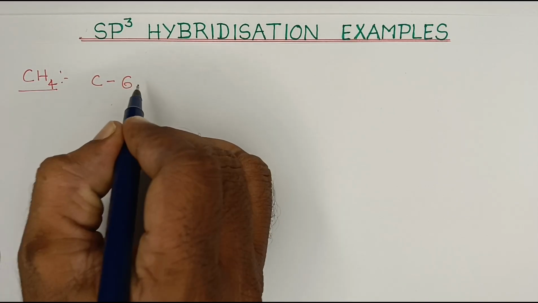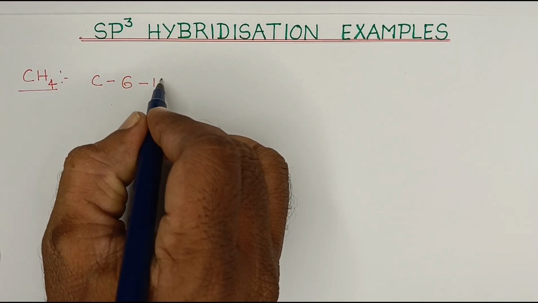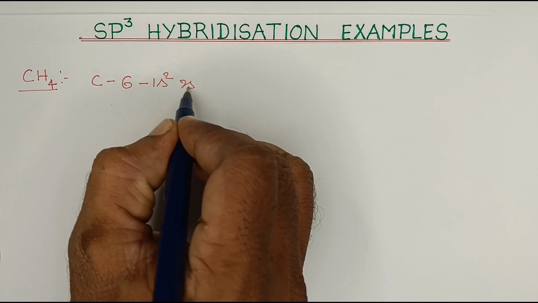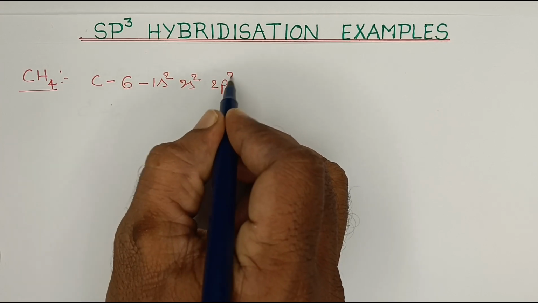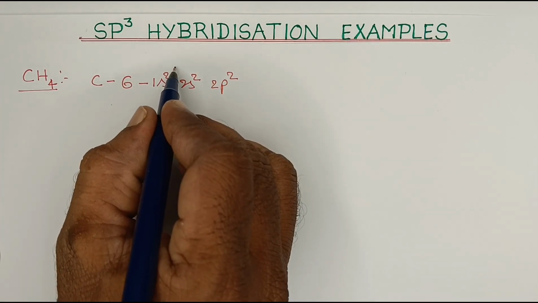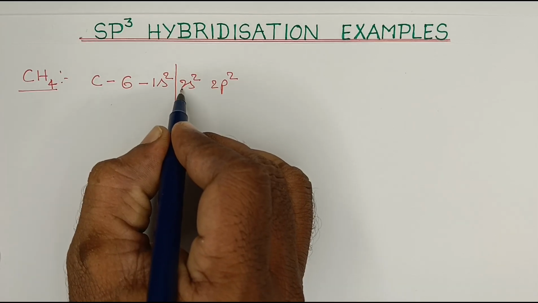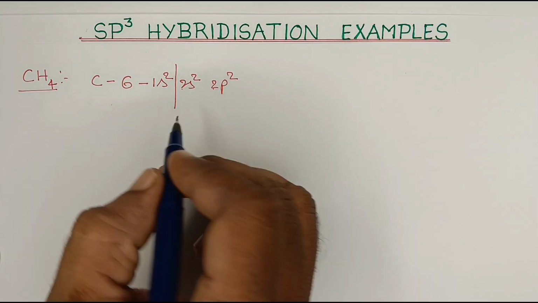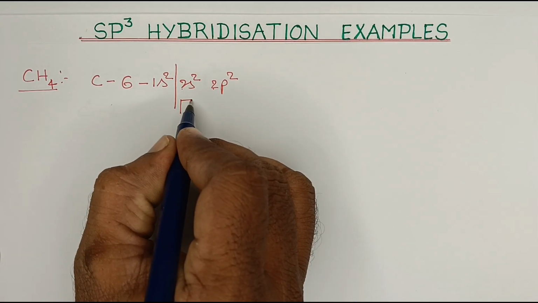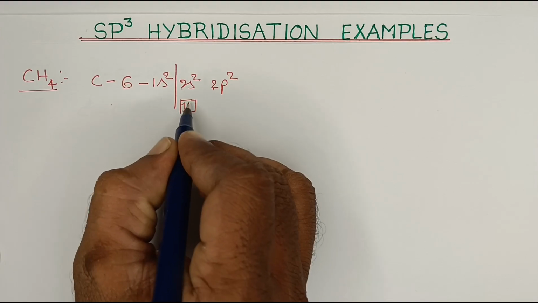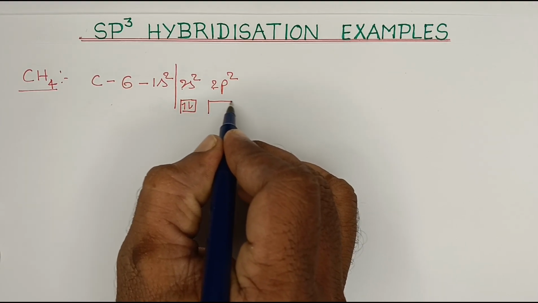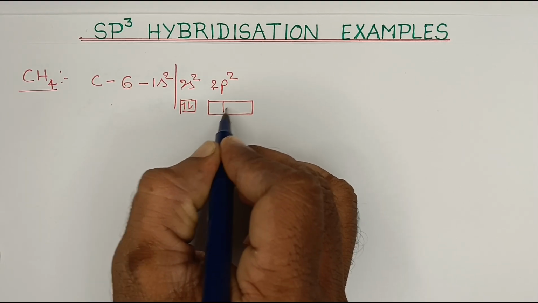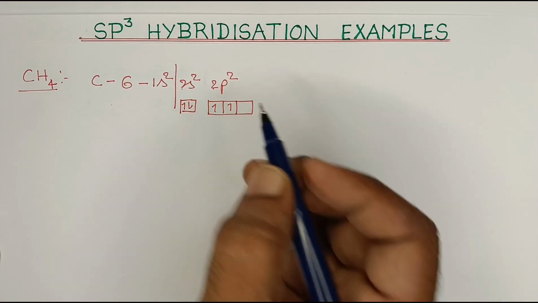Carbon's atomic number is 6 and the configuration is 1s2, 2s2, 2p2. 1s means this is the first level, and 2s2 2p2 is the second level. In the second level, the s orbital contains 2 electrons and the p orbital contains 2 electrons.